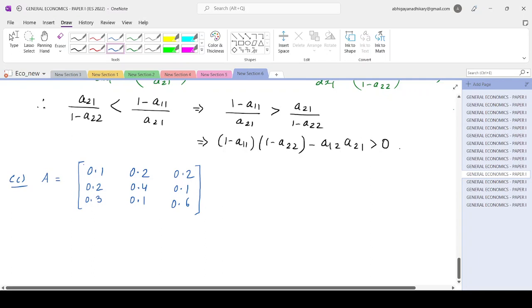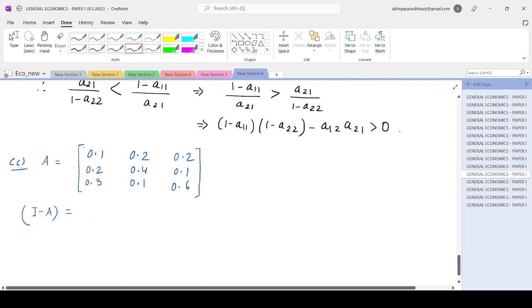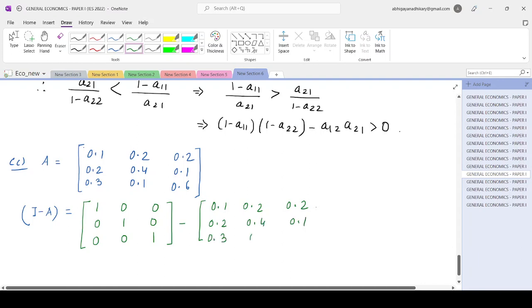So first of all, let us find out the I minus A matrix. I hope you all know, it's 1 0 0, 0 1 0, 0 0 1, minus our Leontief matrix 0.1 0.2 0.2, 0.2 0.4 0.1, 0.3 0.1 0.6.